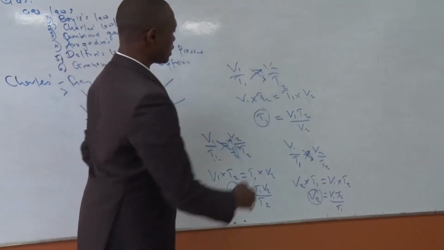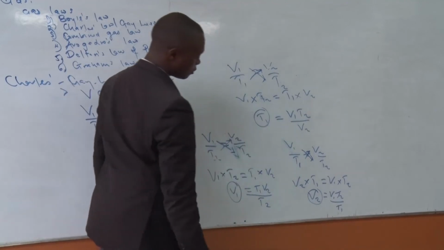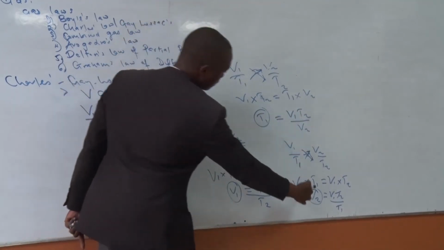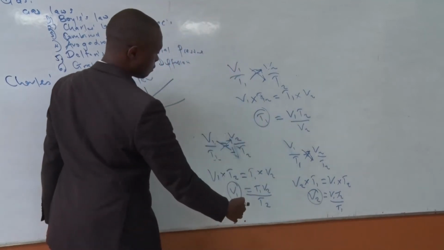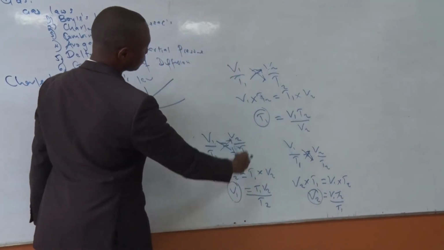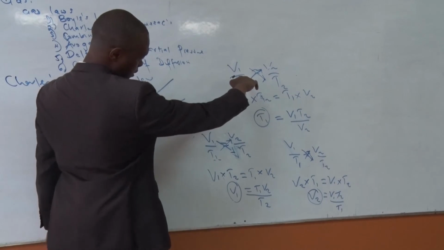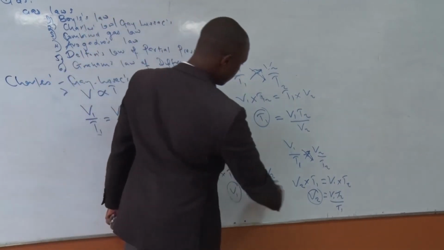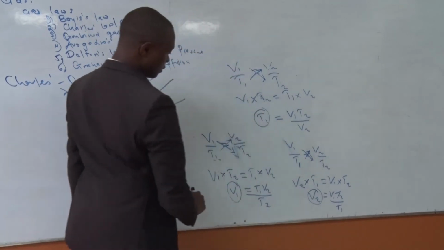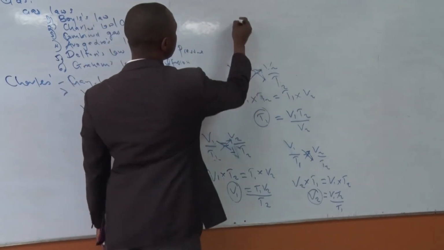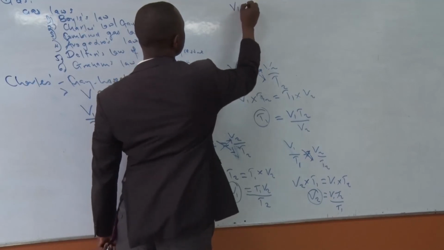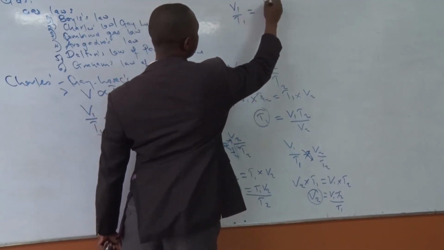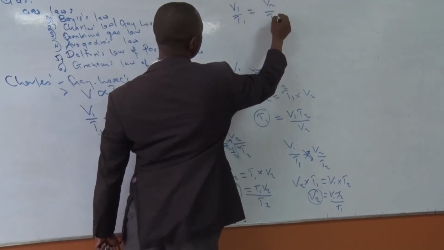And the last one we can be asked to evaluate: we have looked for V1, T1, V2. Now we're going to look for T2. V1 over T1 is equal to V2 over T2.